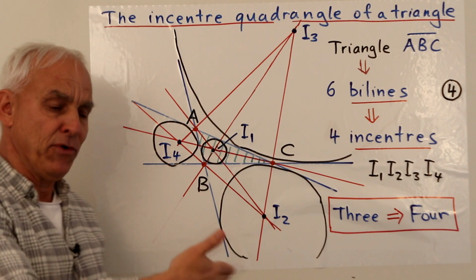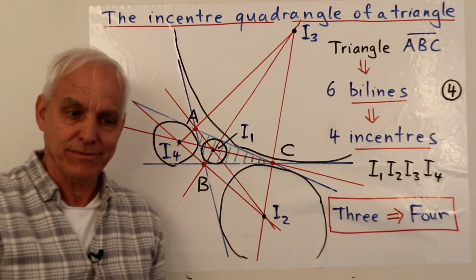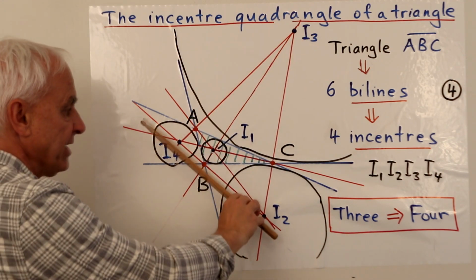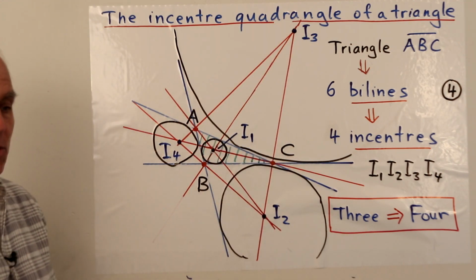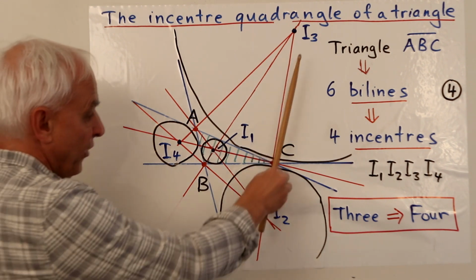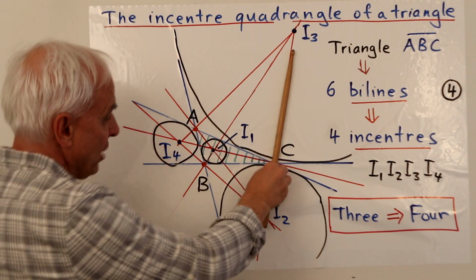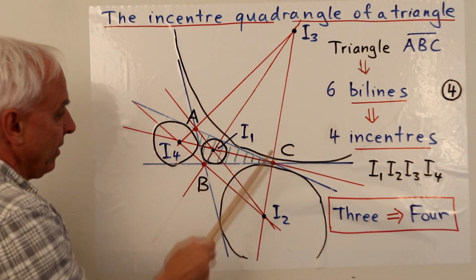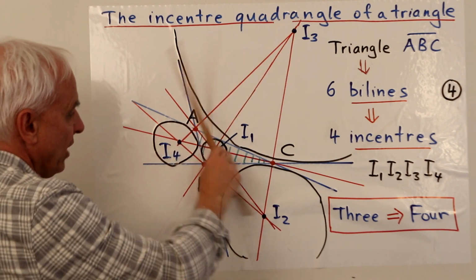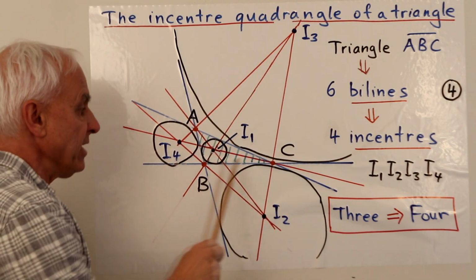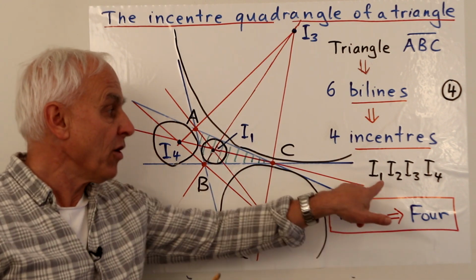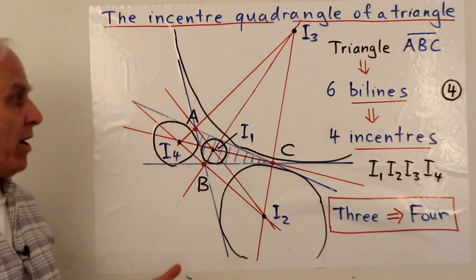And if we look at the diagonal triangle of that, how do we get that? Well, we just join these various 4 points in all 6 possible ways and see what the new points of intersection are. Well, this edge and this edge will meet in C. This edge and this edge will meet in B. This edge and this edge will meet in A. So ABC is the diagonal triangle for this incenter quadrangle.